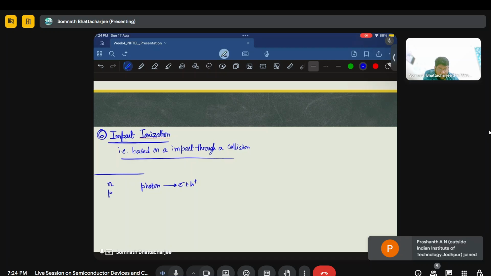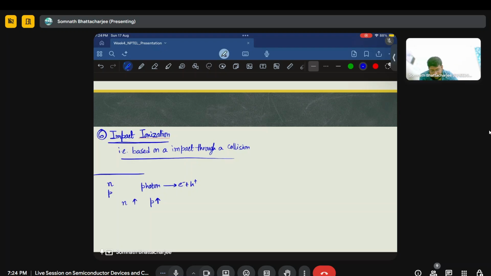Based on that, the electron concentration will increase, and the hole concentration will also increase, right? So this is the basic reason why we need to study the effect of recombination and generation inside a semiconductor: the carrier concentration changes with respect to these interactions with photons, phonons, and these kinds of things.